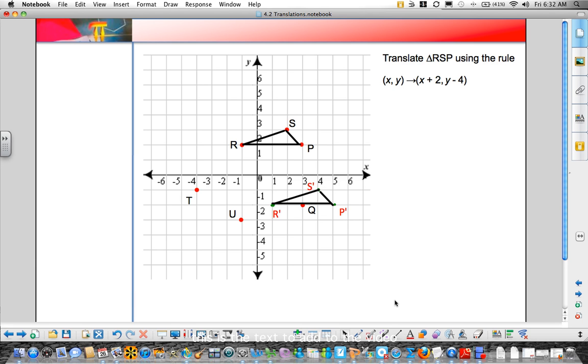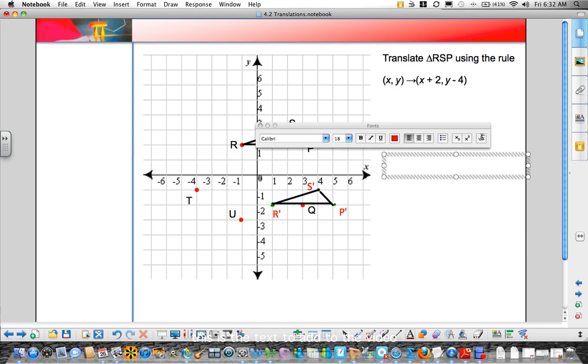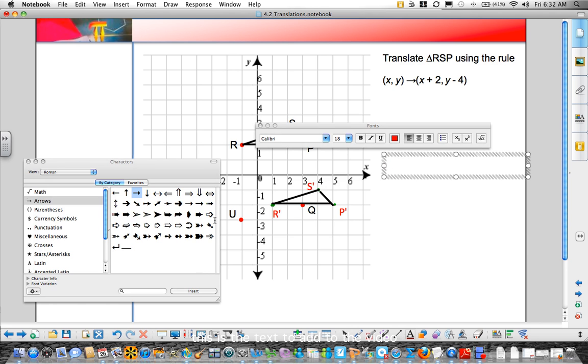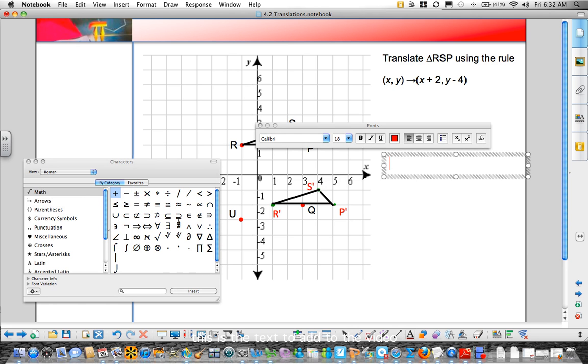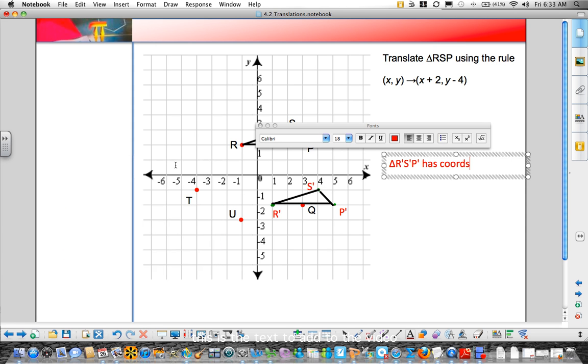If you wanted to, you could make the statement that triangle R prime S prime P prime has coordinates: R prime would be at the coordinate 1, negative 2.